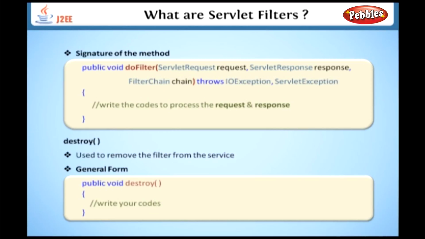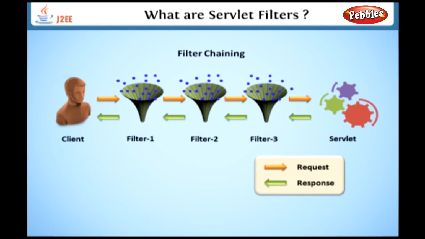We can also use more than one filter for a servlet. Here is the diagram which shows the filter chaining. The request and response are filtered by several filters. We can also use more than one filter for customizing a particular servlet.